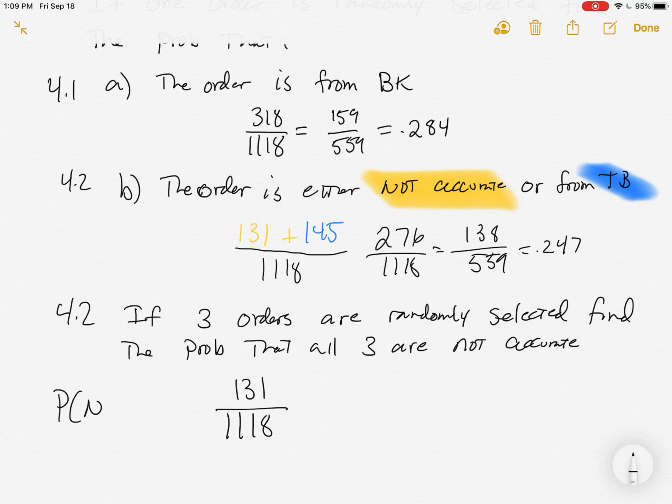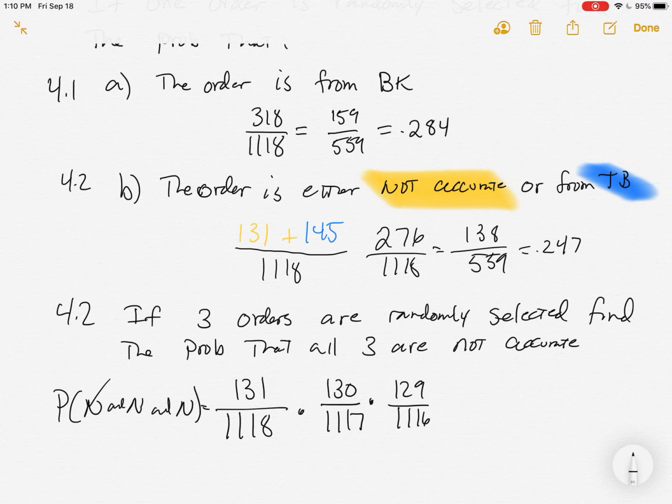So we want the probability of not accurate, and then not accurate, and then not accurate. The first one not being accurate is 131 out of 1,118. Now, we got that one, right? We are given that that first event happened. So now there's only 130 non-accurate orders over 1,117 orders left. And then there's 129 over 1,116.